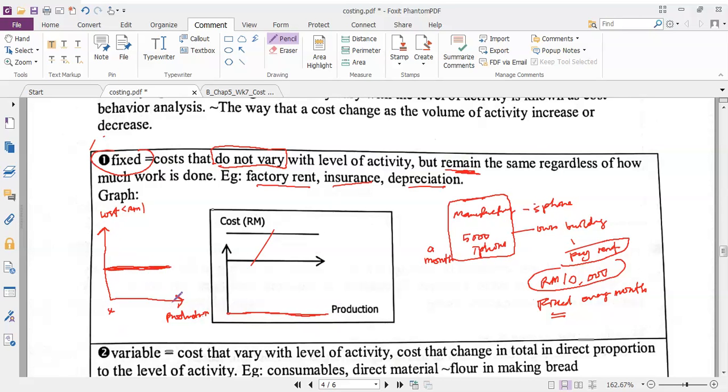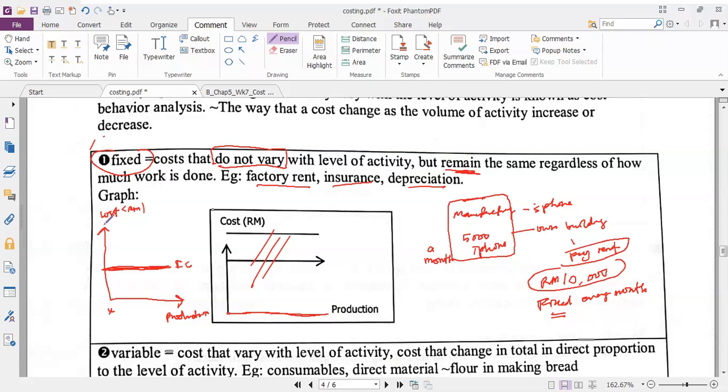Walaupun production bertambah, cost kamu tu mesti tetap saja. Jadi akan jadi macam ni. So this is your fixed cost. Walaupun production kamu bertambah, cost untuk rental dia tetap saja, tidak akan bertambah.